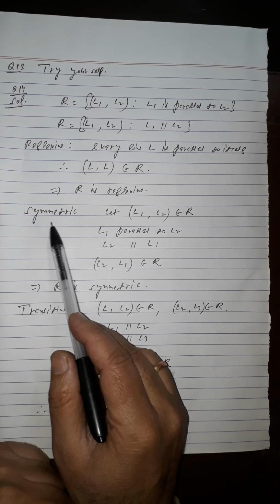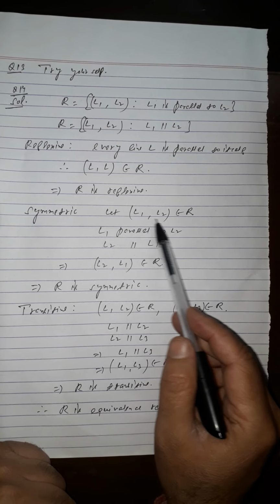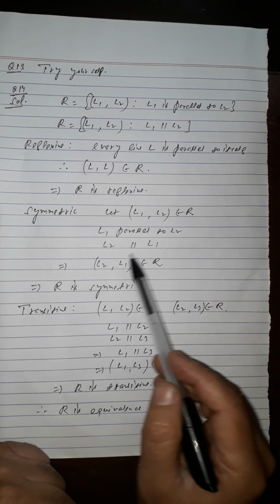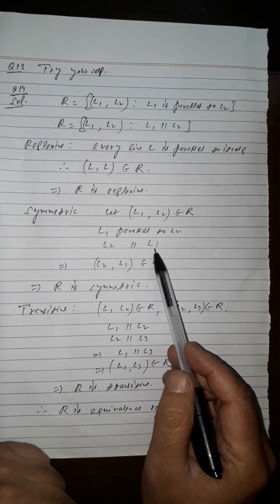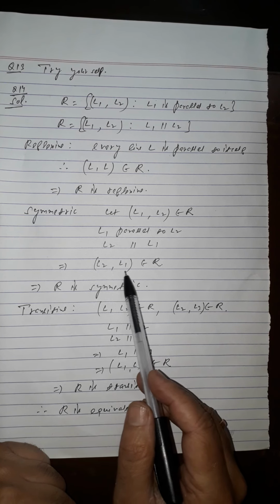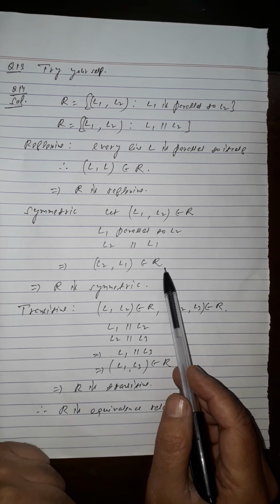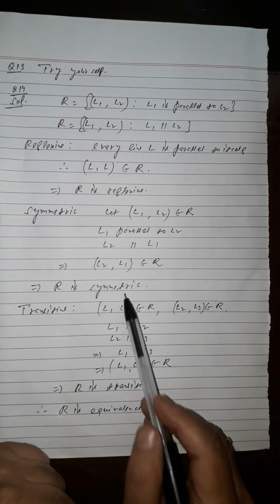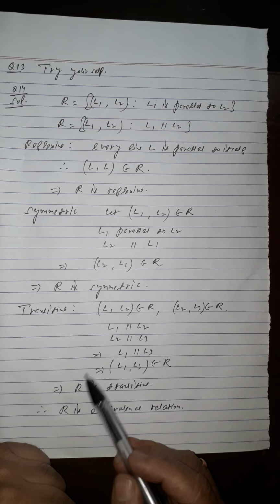Now second, symmetric. Let (L1, L2) belong to R. L1 is parallel to L2. It means L2 is also parallel to L1. Therefore (L2, L1) also belongs to R. Therefore the relation is symmetric. Right students? Third one is transitive.